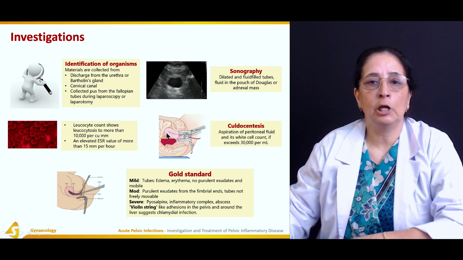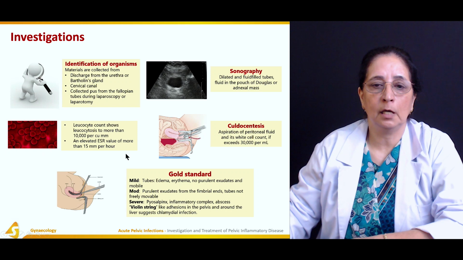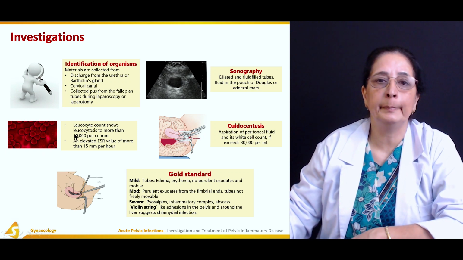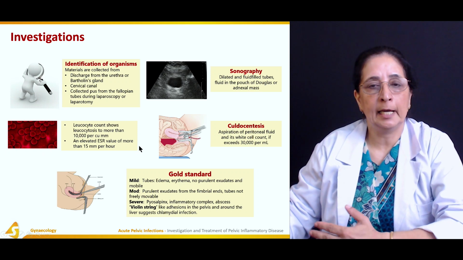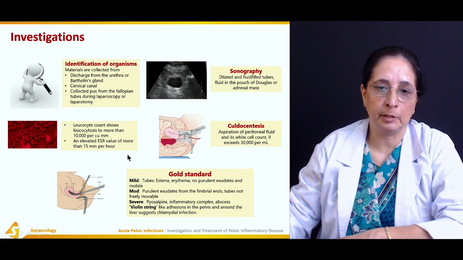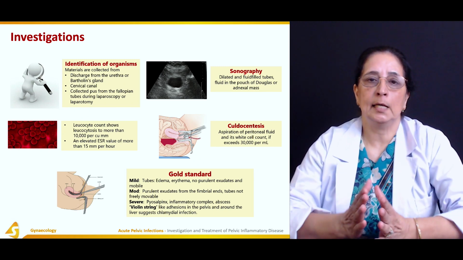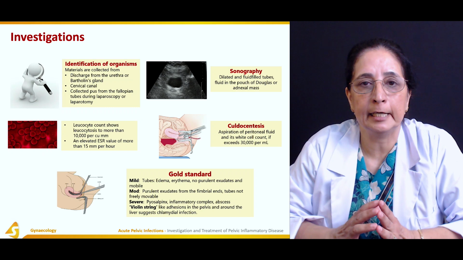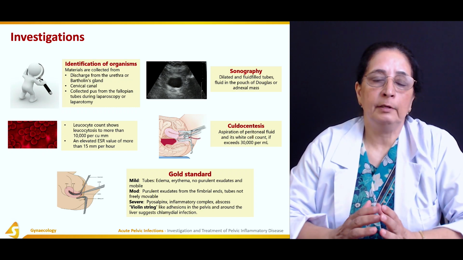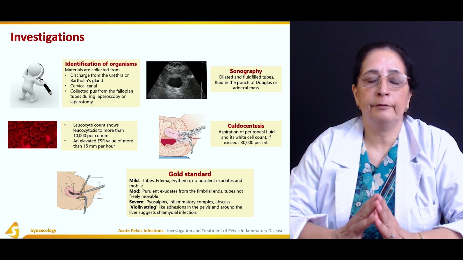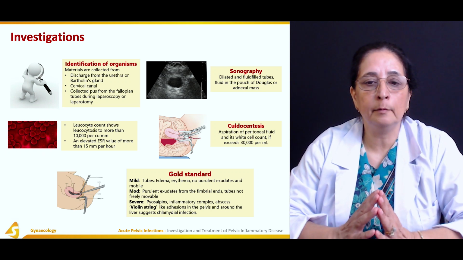Then leukocyte count. If the count is more than 10,000 per cubic millimeter, it's usually an indication of infection. Leukocytes are white blood cells, the cells that fight against infections. So if the white blood cell count is increased, it means infection is present in the body.